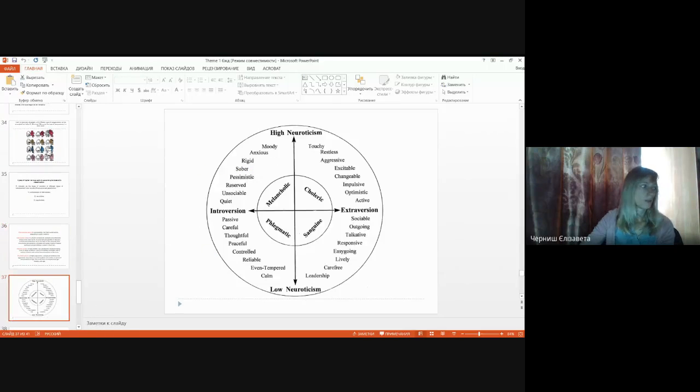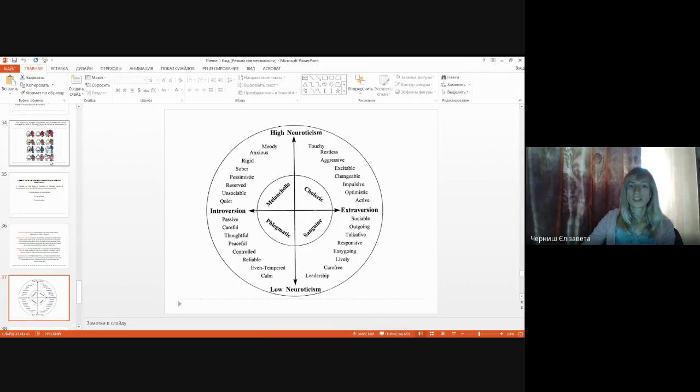And when we talk about high neuroticism, low neuroticism, extroversion, introversion, you can see this cycle, the connection between these types of nerve activities and the connection with temperament: choleric, sanguine, phlegmatic, and melancholic.